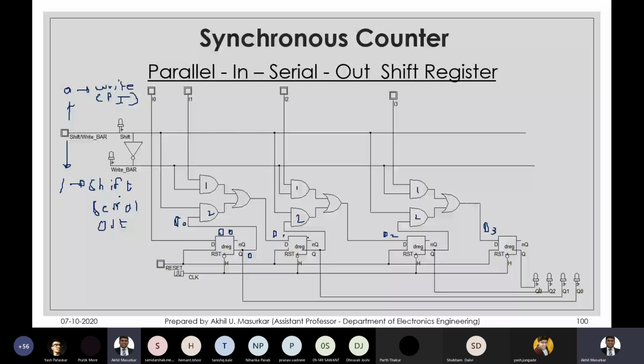If 2 is enabled, then Q1 will go to D2. If this 2 is enabled here, then Q2 will go to D3 and so on. So basically, if you enable the second AND gate, you will get serial out. And if you enable the first AND gate, you will get parallel in.